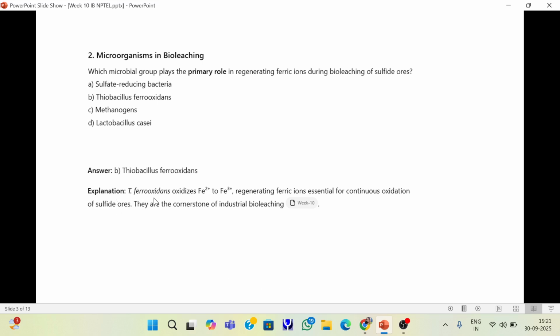Thiobacillus ferrooxidans oxidizes Fe2+ to Fe3+, regenerating the ferric ions essential for continuous oxidation of sulfide ores. They are the workhorses of industrial biology, right? So the one which regenerates the ions is Thiobacillus ferrooxidans.